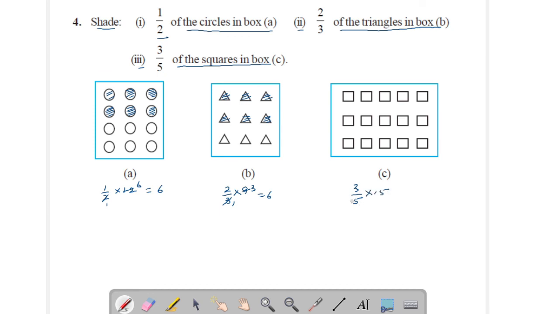Simplify this. 5 ones are 5, 5 threes are 15. That is 3 into 3, 9. It means you have to say 9 squares. That is 1, 2, 3, 4, 5, 6, 7, 8, 9. So this will become 2 upon 3.